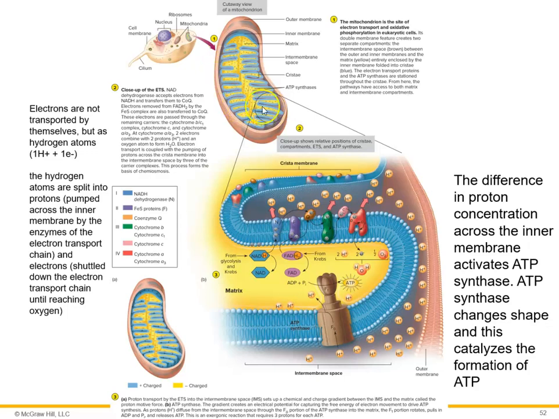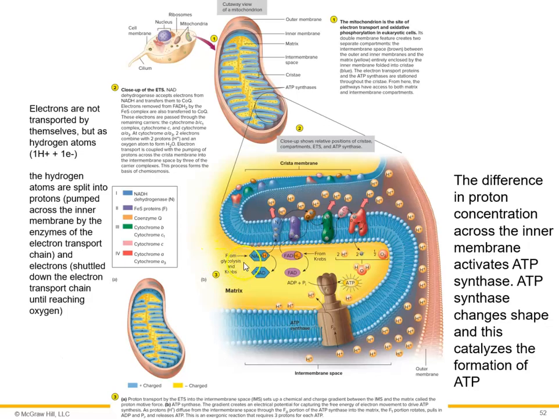And those folds are called cristae. And on each fold are the enzymes and the coenzymes involved in shuttling the electrons towards oxygen. You can see ATP synthase is also there. This is the enzyme that helps catalyze the production of ATP.